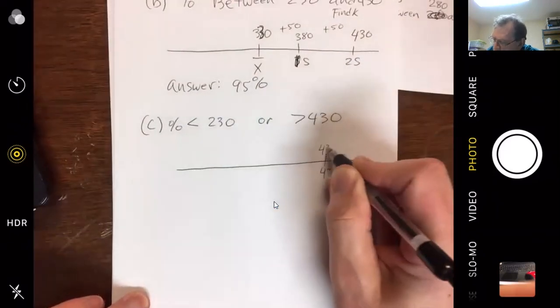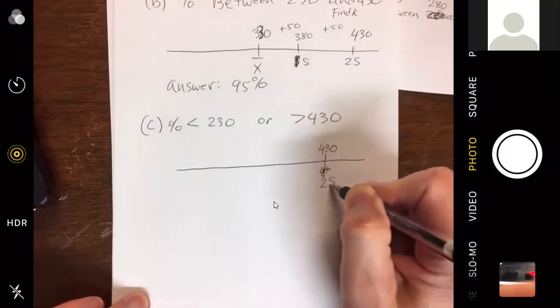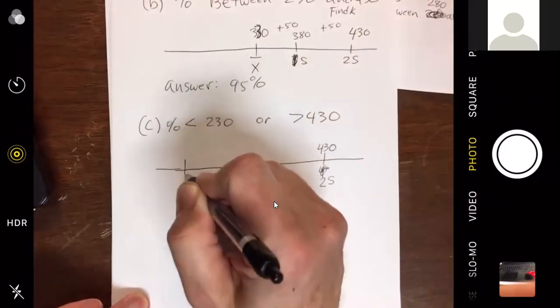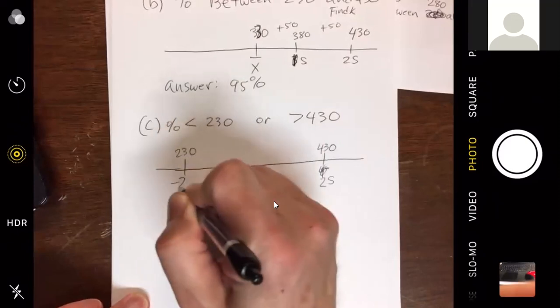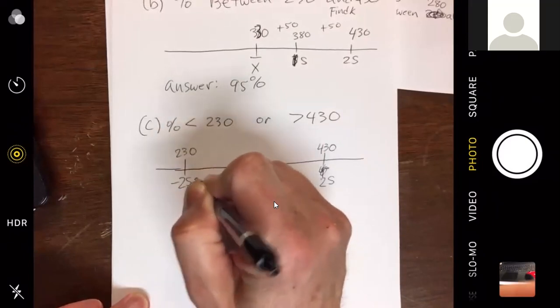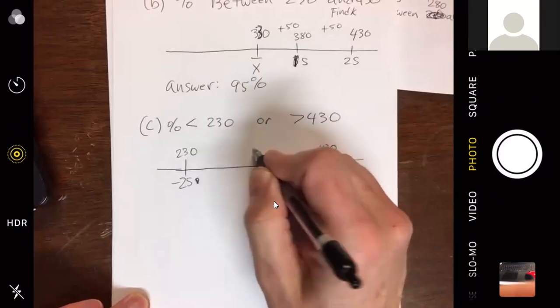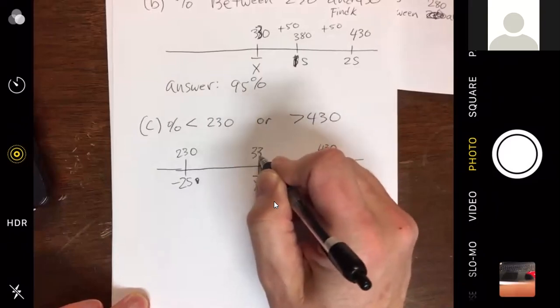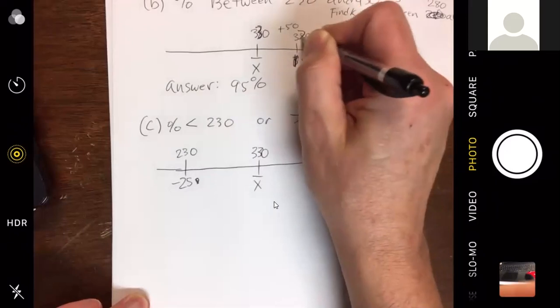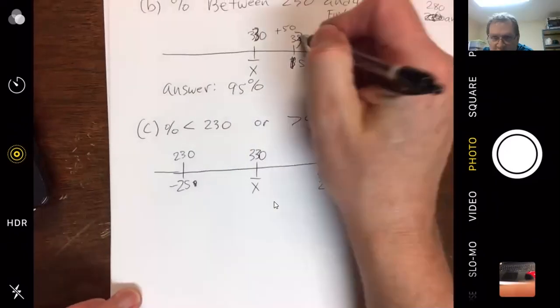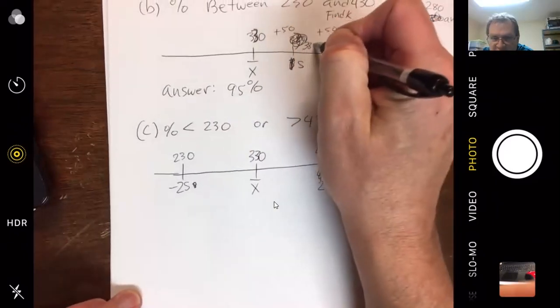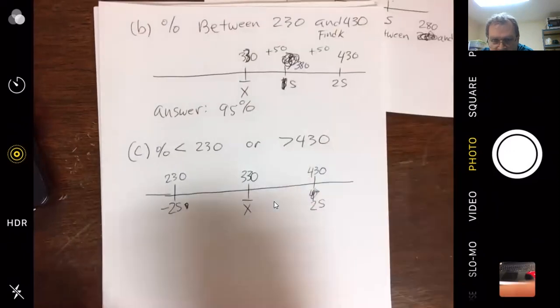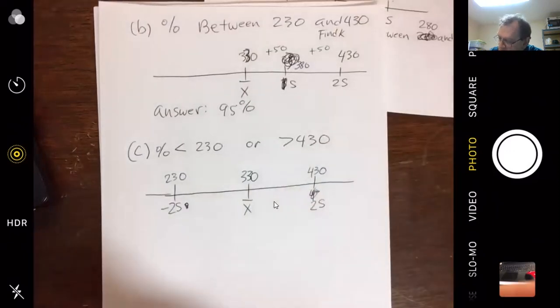No. That was 380. 330. Yeah, sorry. It was correct. Yeah, corrected that. Okay. So we know it's 95% from part B in between there, right?